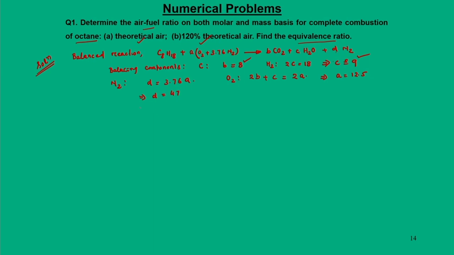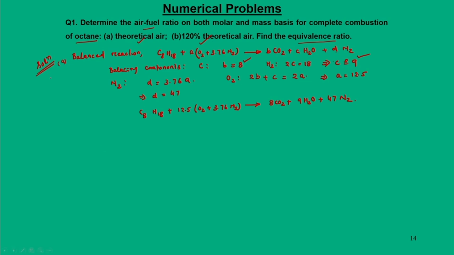So, the balanced reaction now becomes C8H18 plus 12.5 O2 plus 3.76 N2 gives 8 CO2 plus 9 H2O plus 47 N2. Then we are in a position to calculate the mole fractions as well as the mass fractions.